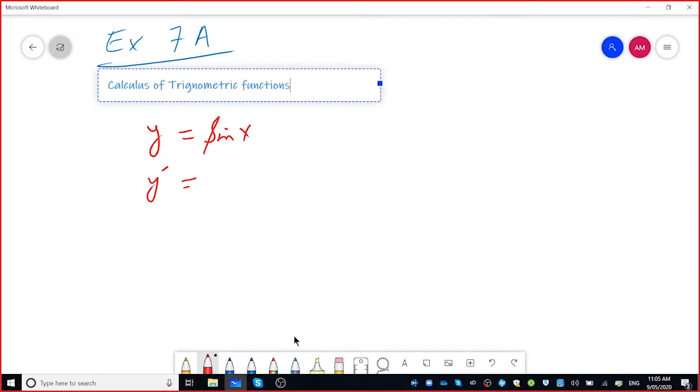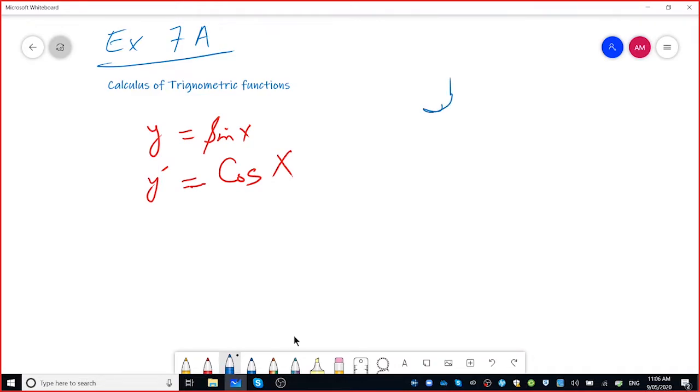That is cos x. Good. That is cos x. Let me write it a little more clearly. So it is cos x.